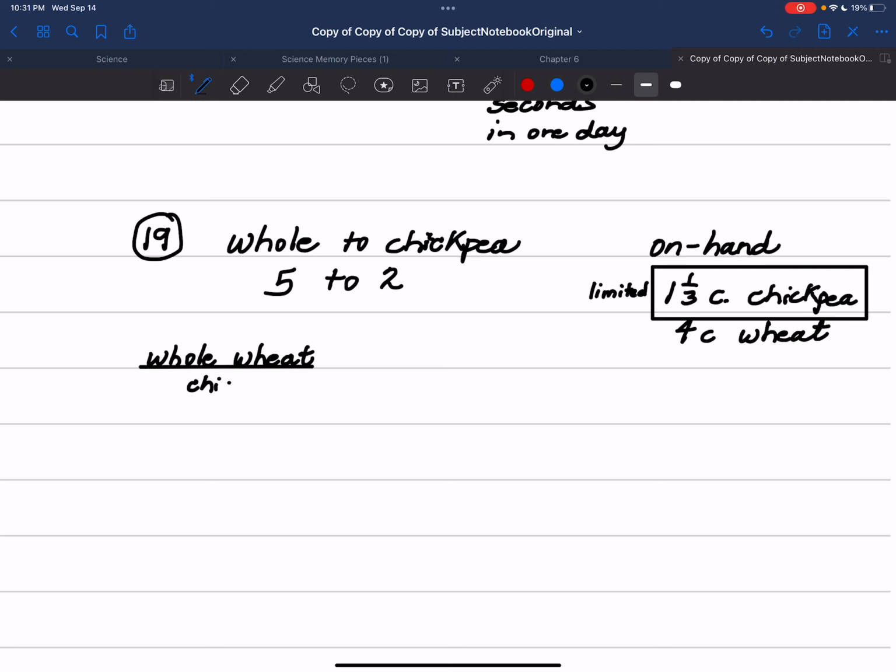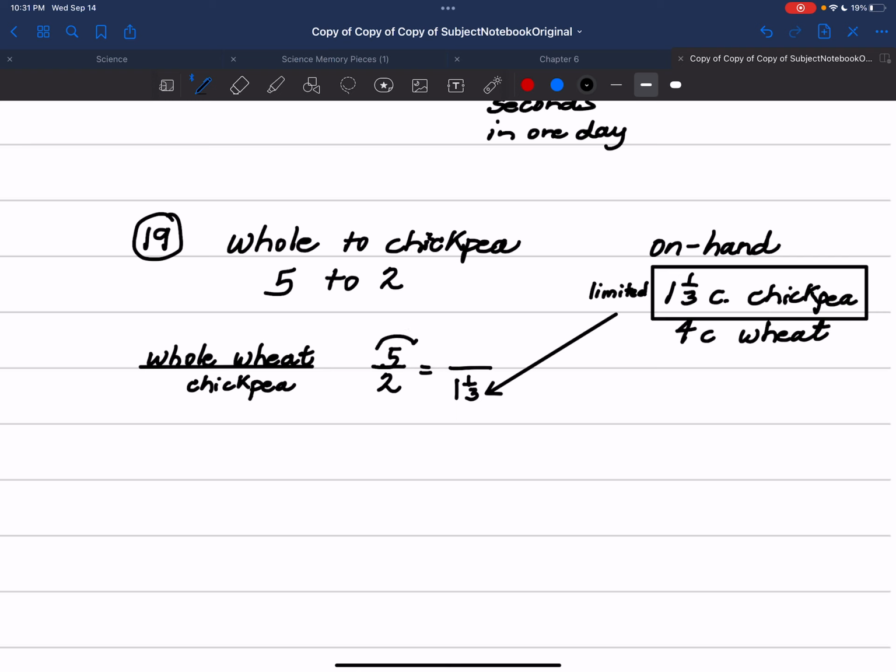That's just how the recipe was given to us. And the standard is 5 to 2. That's what the ideal amounts would be. But we don't have 2 cups of chickpea flour. We only have 1 1/3. And that's what I'm going to put right in here. So 1 1/3 cups of chickpea flour.